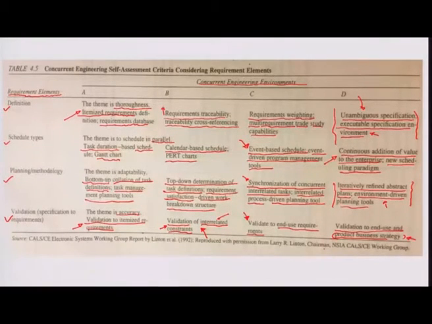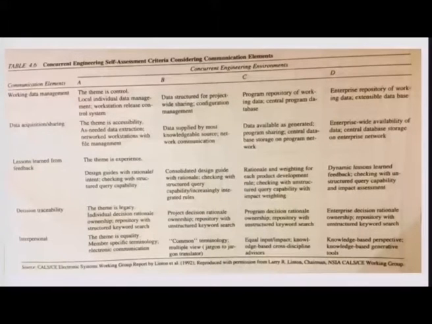In a similar manner, we want to do the same kind of structuring in terms of different levels for the communication elements. You know that communication elements have been split up into working data management, where the theme is control. There could be a certain level A of a concurrent engineering environment which talks about just local individual data management requirements.